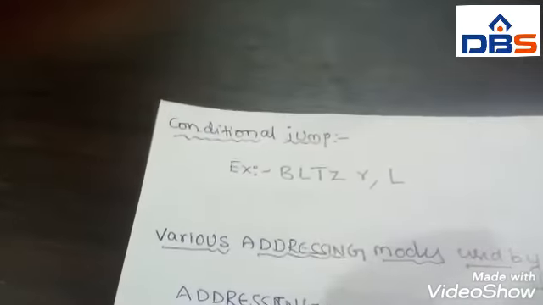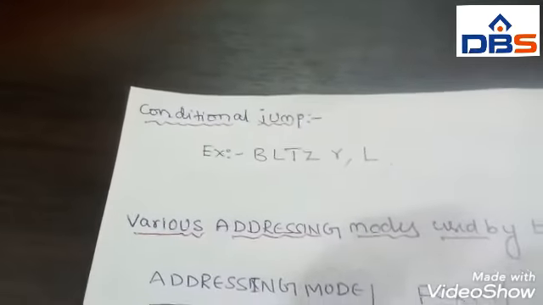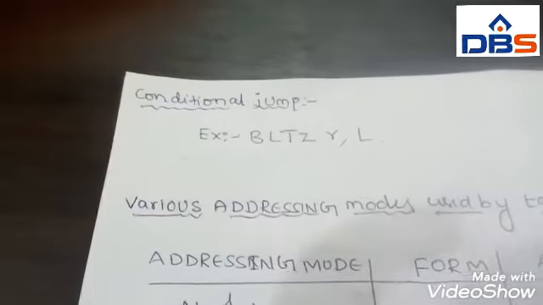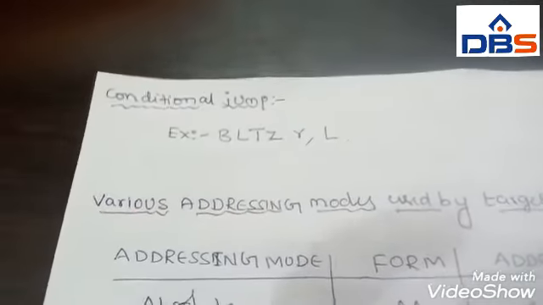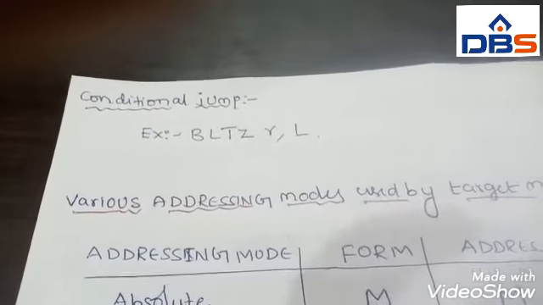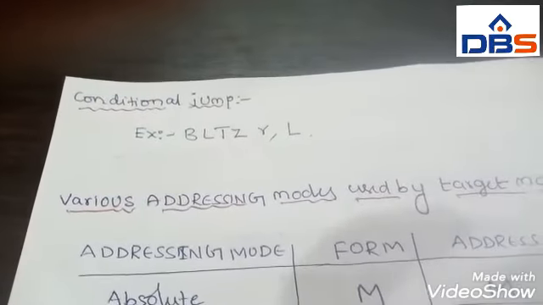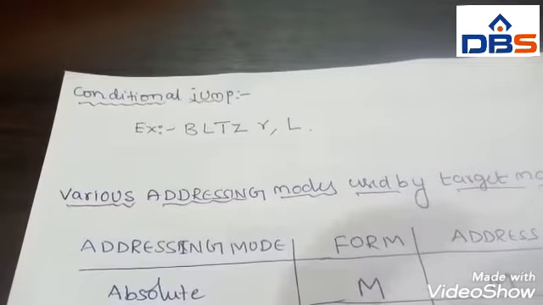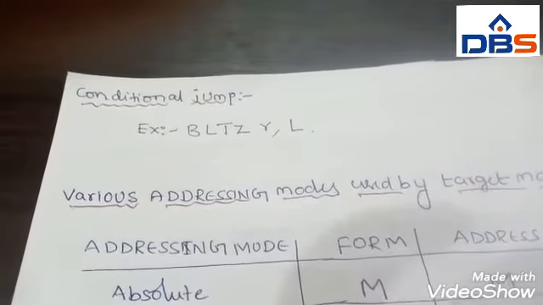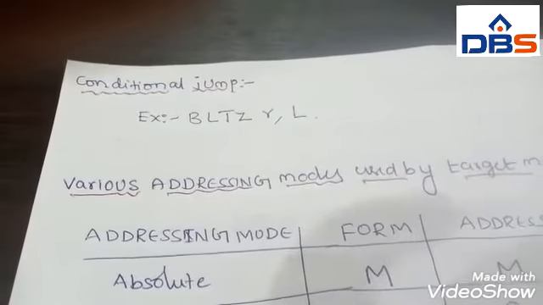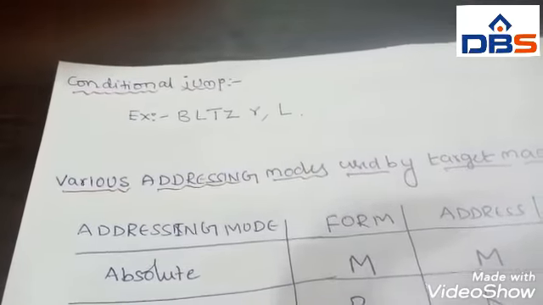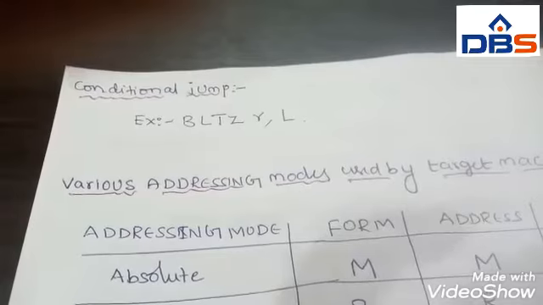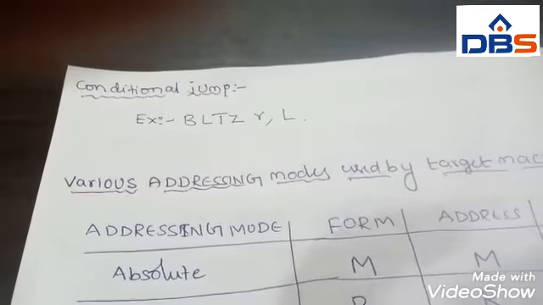Coming to the next one, conditional jump. In a conditional jump, by checking some condition, it goes to the corresponding location. If the condition is true, then it goes to the corresponding location. If the condition is false, then the next statement will be executed. For example, in the C language, we have simple if else, nested if else, and for, while, do while, like this.